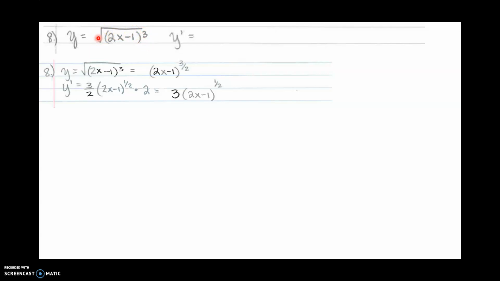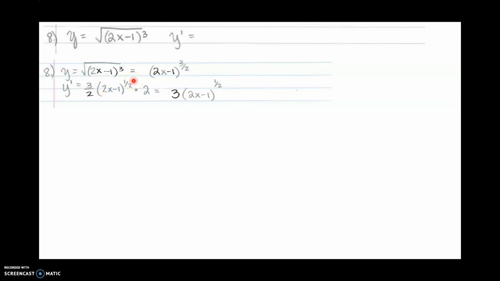So I'm going to rewrite that as 2x minus 1 to the 3 halves, and then I can just use power rule. Anything to the 3 halves is going to be 3 halves that thing to the 1 half, because we pull our exponent out in front and then reduce that exponent by 1. So 3 halves minus 1 would be 1 half.